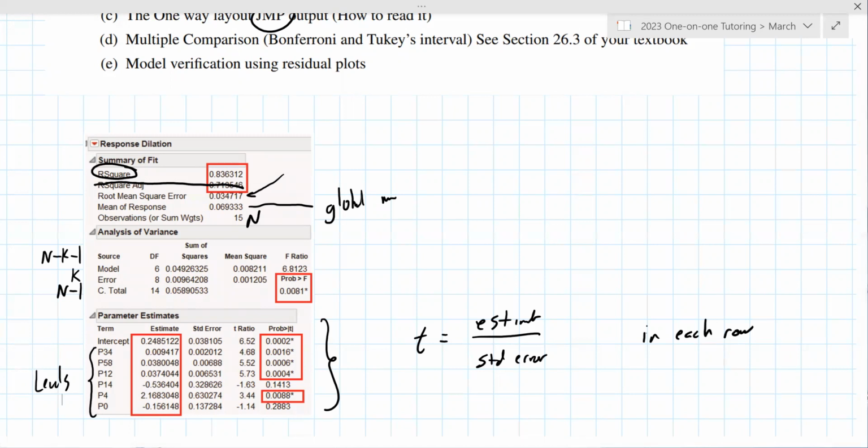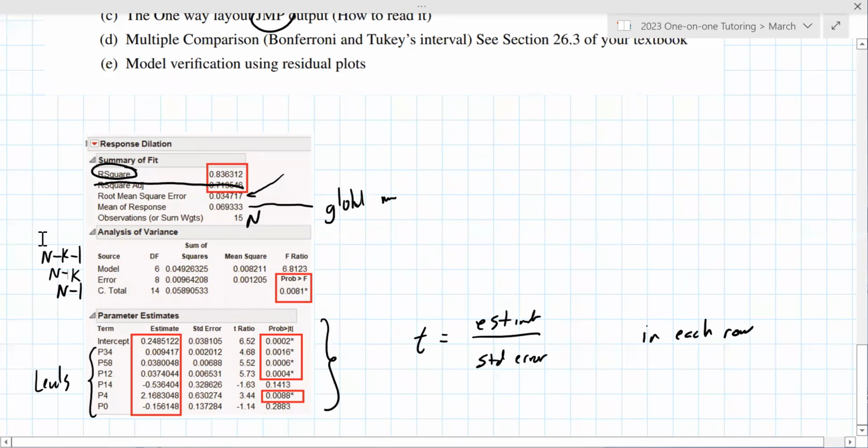In that case, N is 15 and K is 6. So I'm sorry, it's N minus K for that one, and then this is not right.